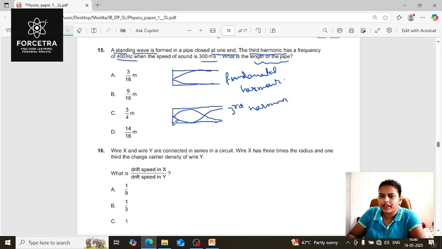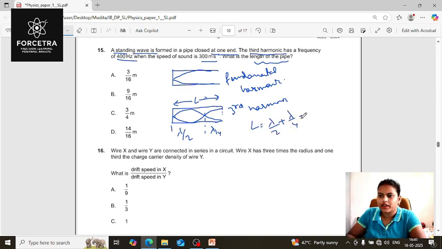And we know that the length of this wave is lambda by 2, and since this is half of the half wave, it would be lambda by 4. So the length of this pipe would be equal to lambda by 2 plus lambda by 4, and when you add, it would be 3 lambda upon 4.